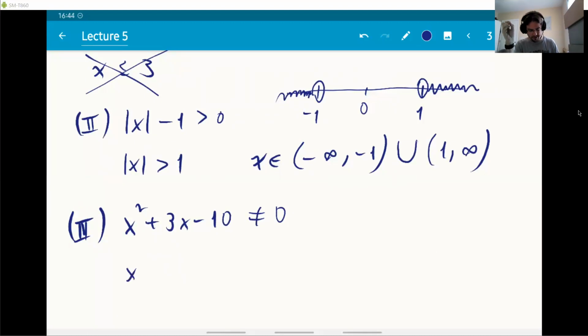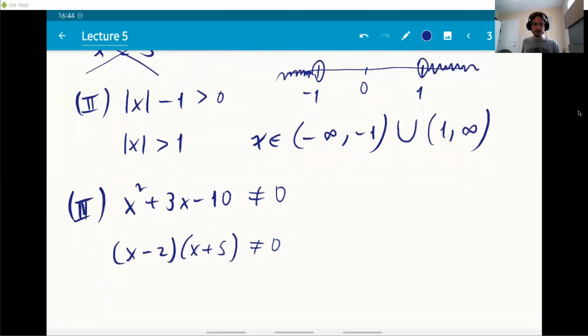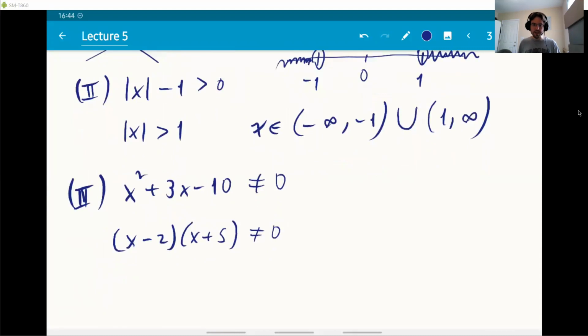If you factor this, two numbers with a sum of 3 and product of minus 10 would be minus 2 and 5. If you wanted to find the places where it is equal to 0, it would be 2 and minus 5.